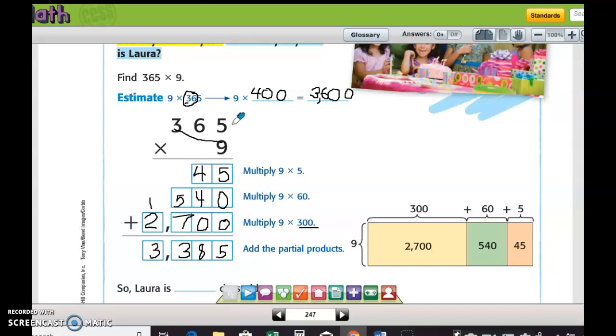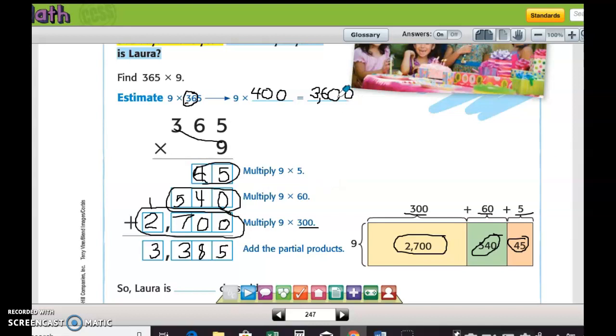And they've got it written out. They took 365, and you notice 45 and 45, and 540 here, and 540 here, and 2,700, 2,700. So this is another way to show the area model, but in a way that looks sort of like the standard algorithm.